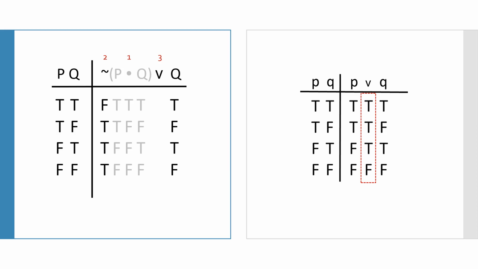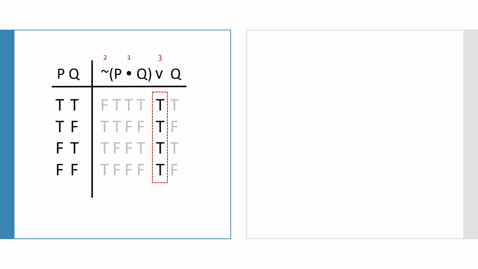So if you look at the first line, we get false and true, the second line true and false, the third true and true, and the last true and false. That means that not a single one of these ends up being false, because the only time a disjunctive statement is false is if they're both false. So we simply plug in the final truth value, which would be true all the way down: true, true, true, true. And that means that this original statement must be true in every possible situation.